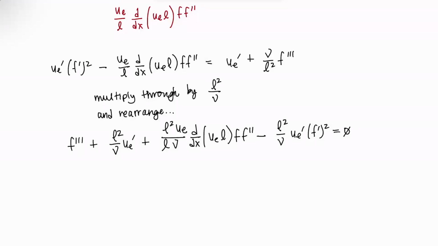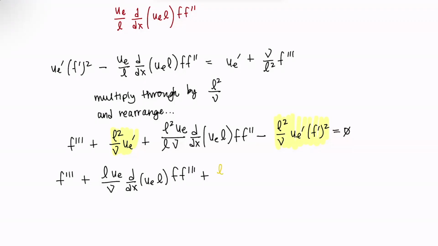I'm also going to combine these two terms together. So I have F triple prime plus L UE over nu d/dx of UE times L F double prime plus this lumped term.